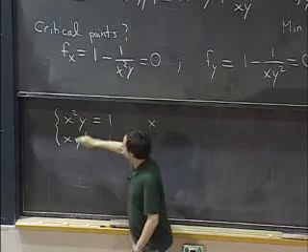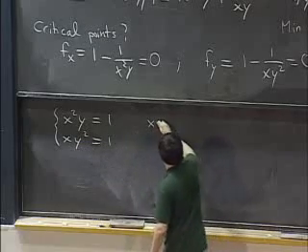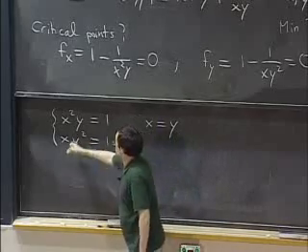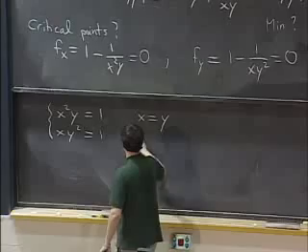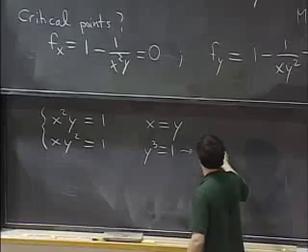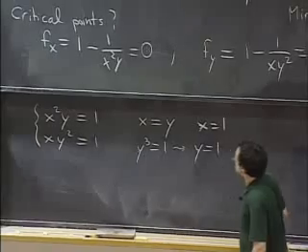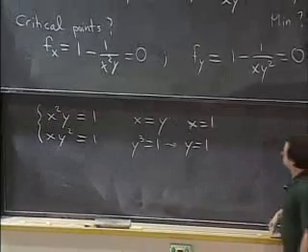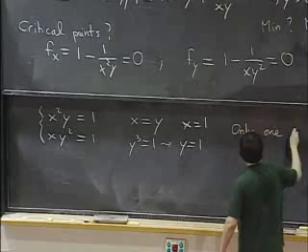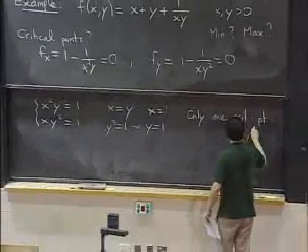So first, if I divide this one by that one, I get x over y equals 1, so that tells me x equals y. And then if x equals y, then if I put that into here, it will give me y cubed equals 1, which tells me y equals 1, and therefore x equals 1 as well. Okay, so there's only one solution. There's only one critical point, which is going to be (1, 1).